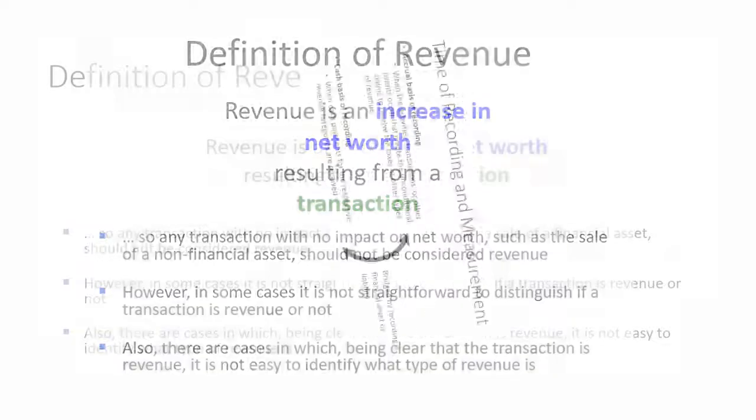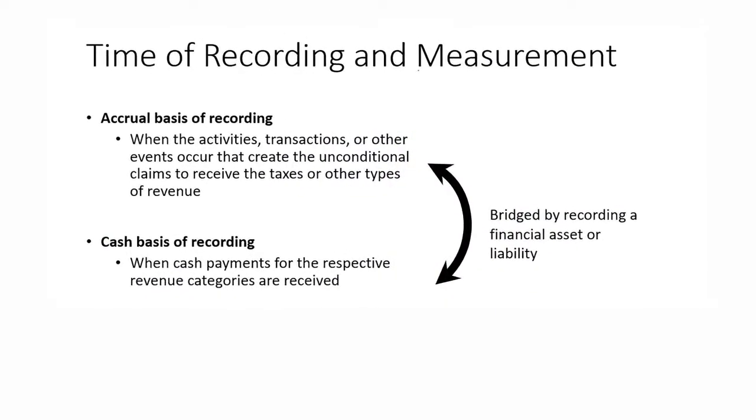Let's go first a little bit to time of recording and measurement. What we want to have in national accounts or in our SDG definitions, we want to have these revenues on an accrual basis, not on a cash basis. It means if taxes or other revenues come in, we have to record for which time period this was meant.